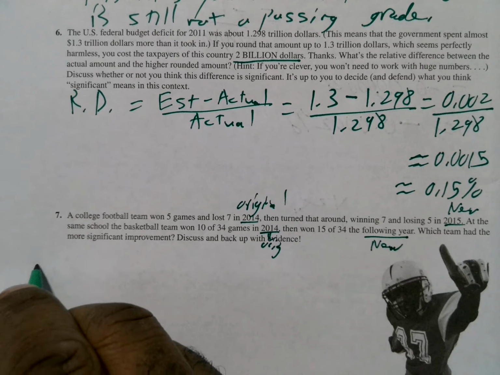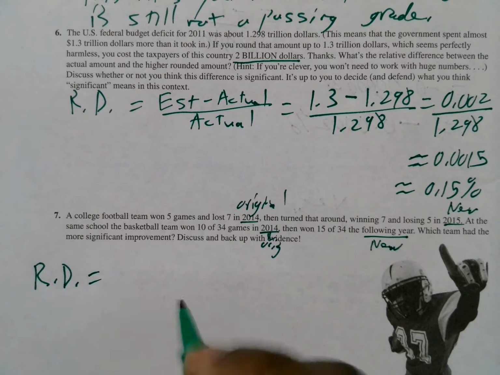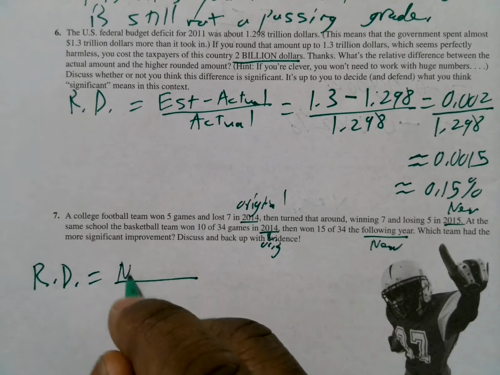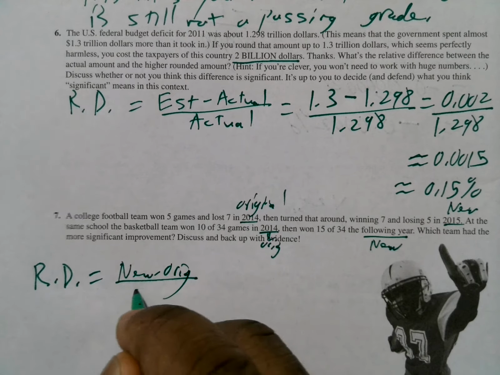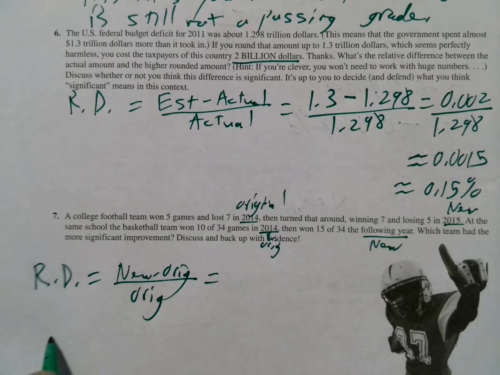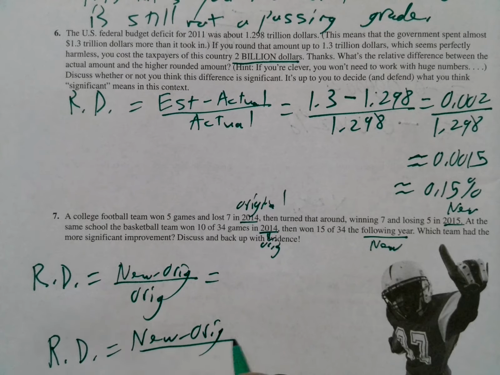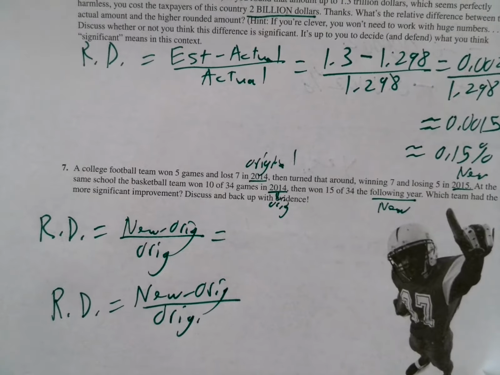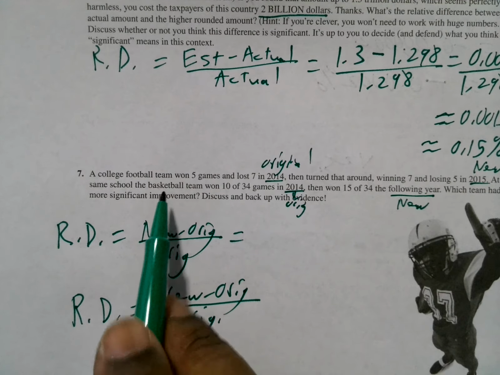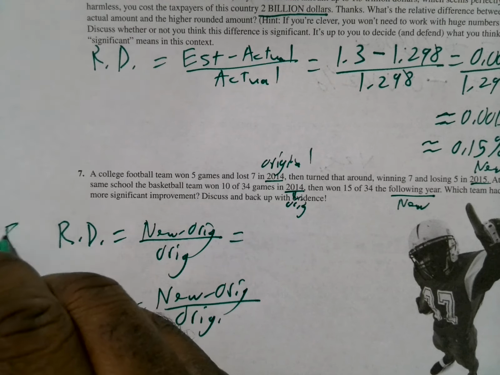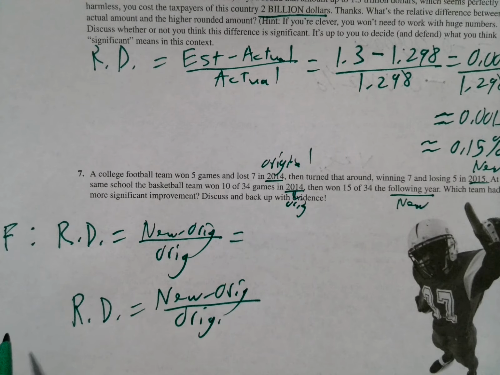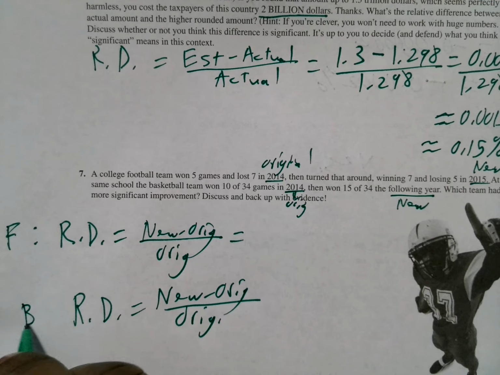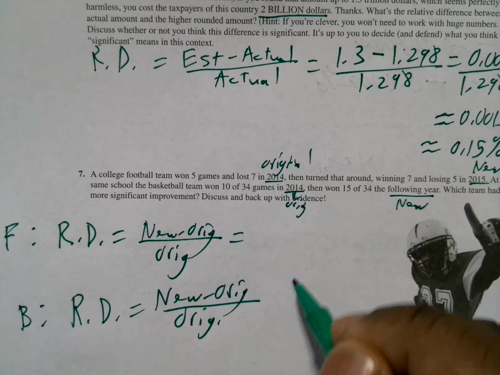So we'll do the relative difference, and we know it's still new minus original divided by original, and we'll do it for both. New minus the original divided by original. Okay. So we could just say that this is F for football and B for basketball. So we'll designate which is which.